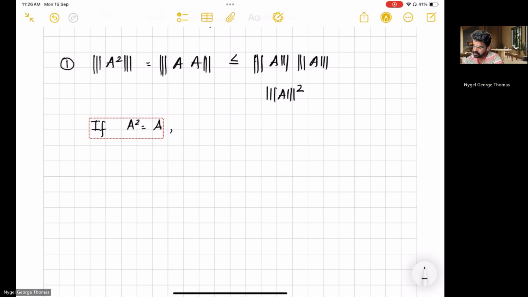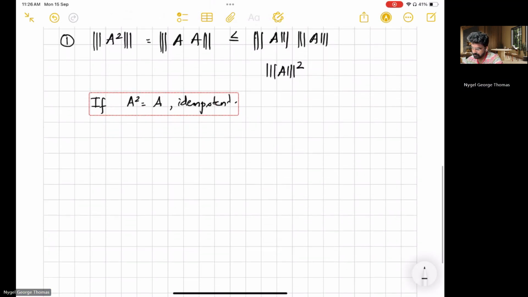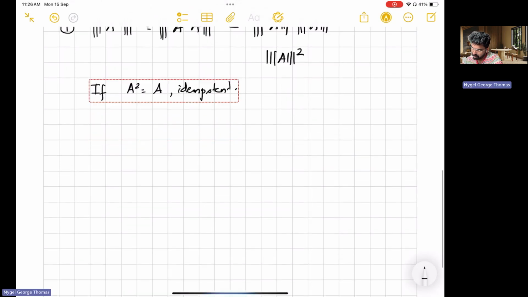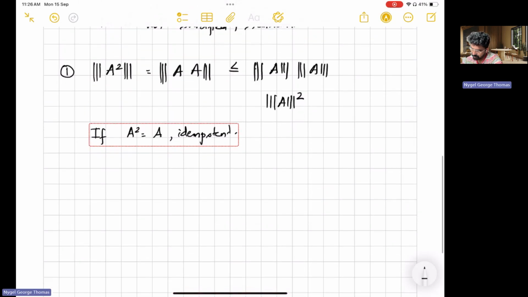For idempotent matrices, A squared is equal to A. In that case, norm of A squared is less than or equal to norm of A whole squared.